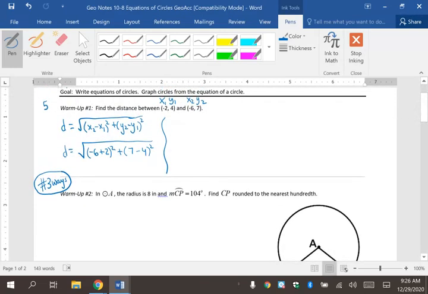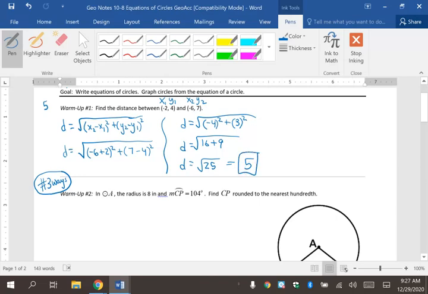And so we have d equals square root of the quantity. Make sure that you keep your parentheses, -4 squared plus 3 squared. So a -4 times -4 is 16. 16 plus 9 is 25. So keep that square root the whole time. Square root of 25 is the number 5.